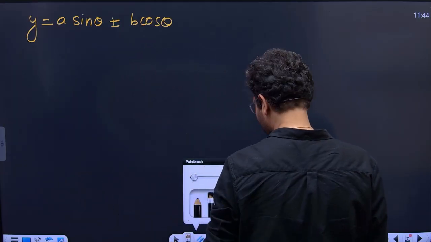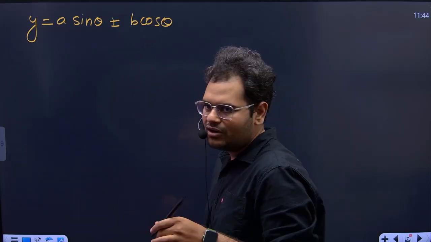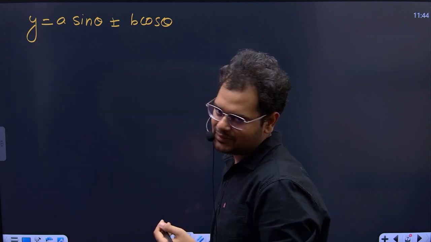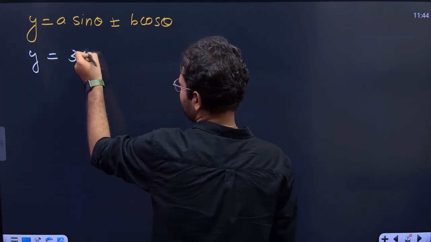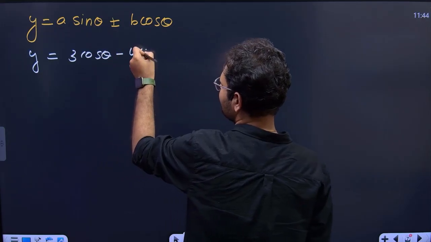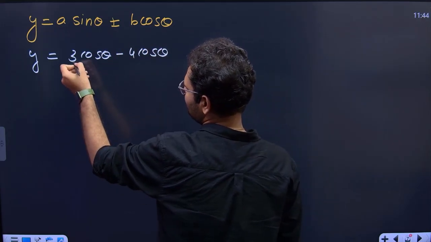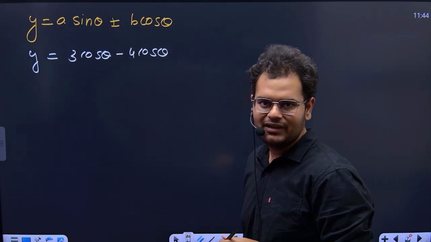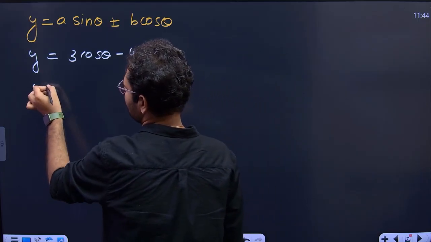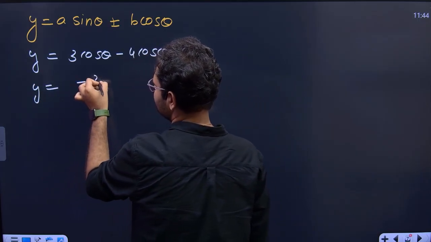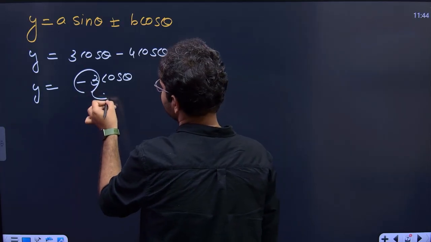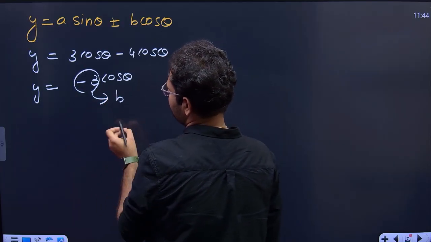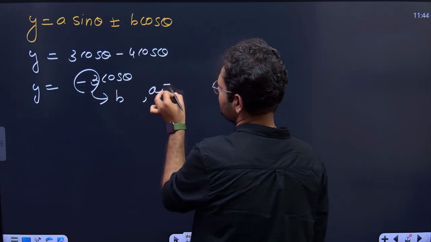See, by maxima minima also we can find, but I don't want you to lose time in the exam because it is very important, right? So y is equal to 3 sin theta minus 4 cos theta. So here a is equal to 3 and b is equal to minus 4, right? Similarly, we can take the example y is equal to minus 3 cos theta, because here this is nothing but b, and here what is a? a is equal to 0.